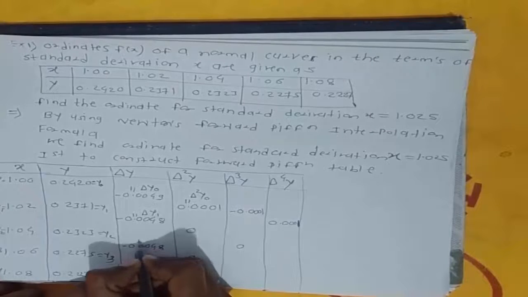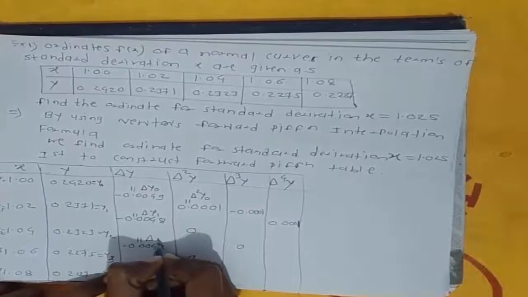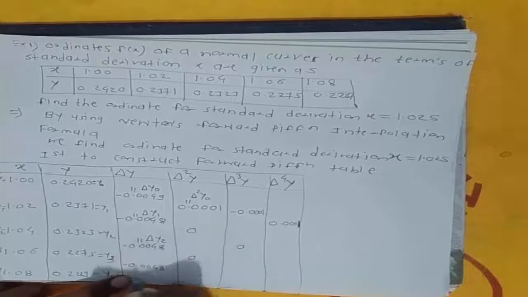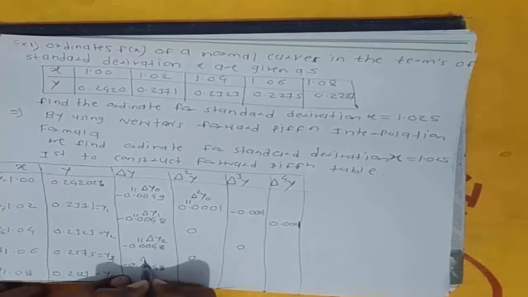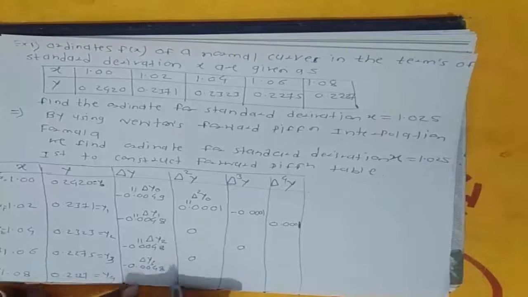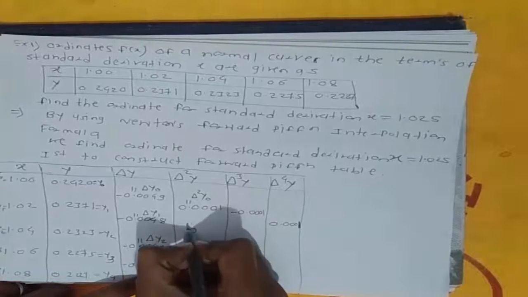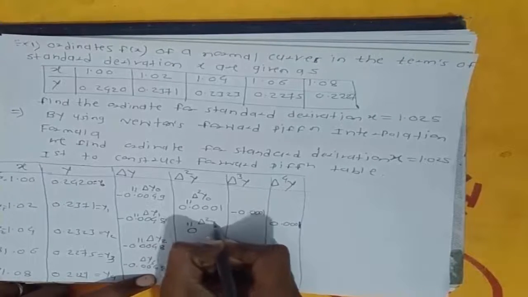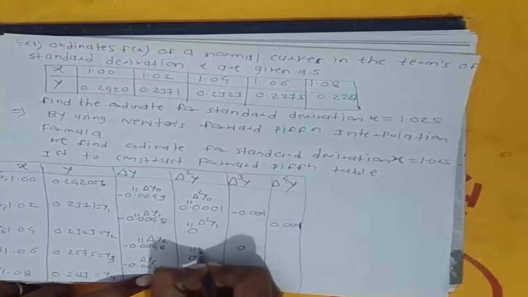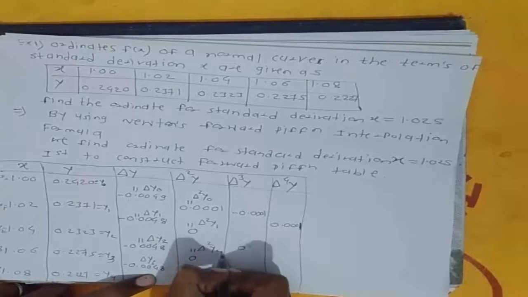Again we write y3 minus y2, that is delta of y2, then y4 minus y3, that is delta of y3. Delta y2 minus delta y1 is delta square y1. Similarly this will be delta square y2.